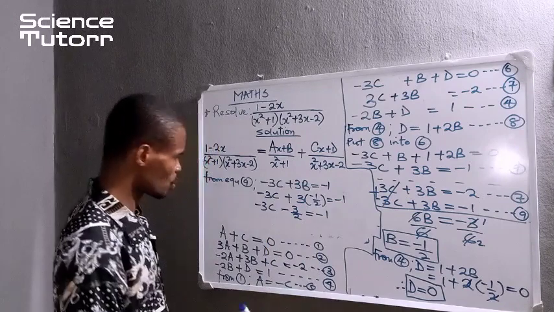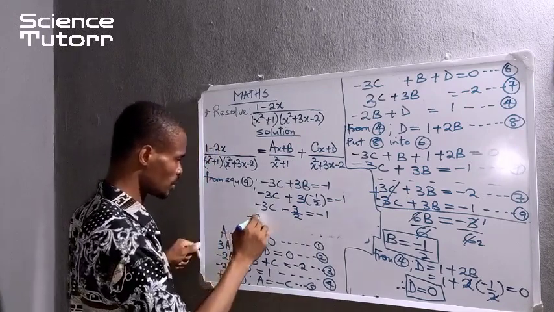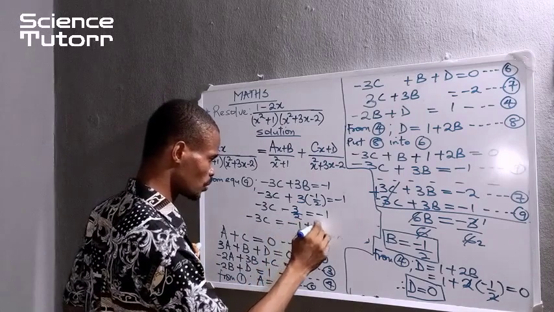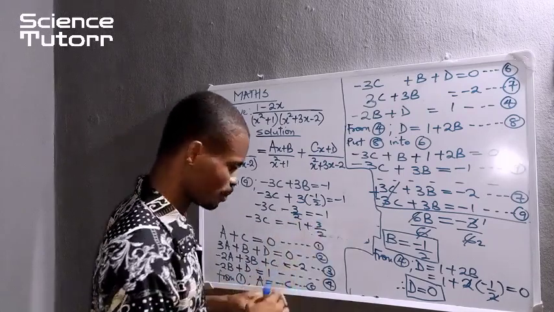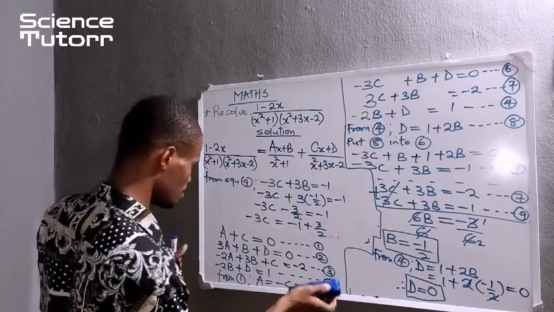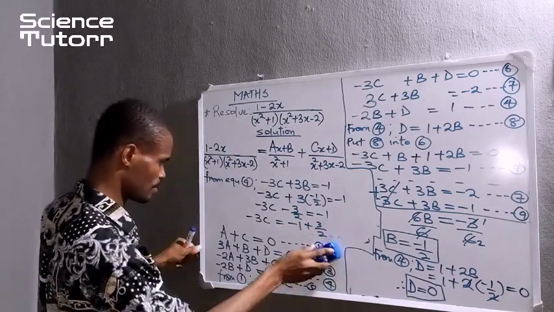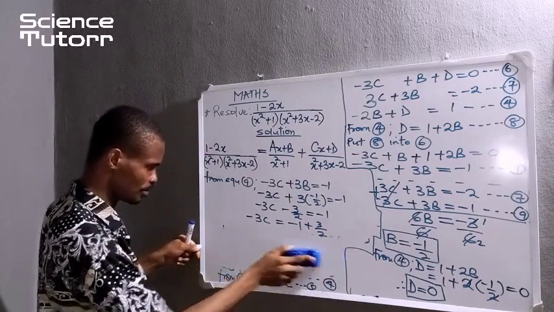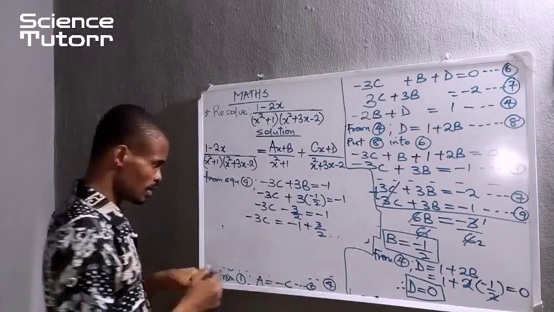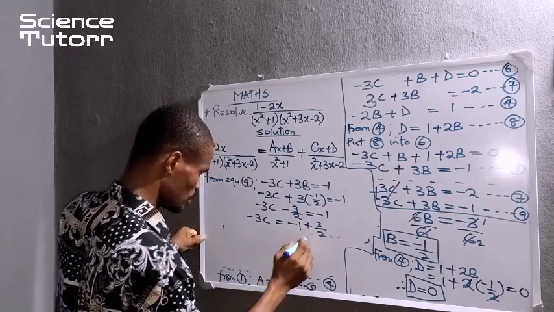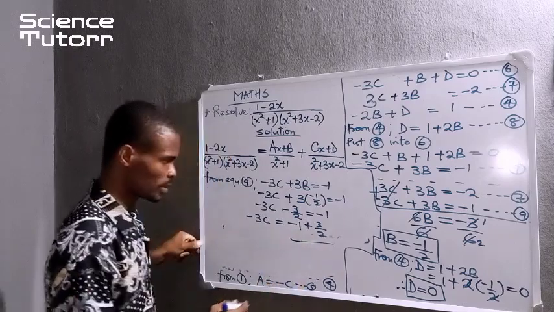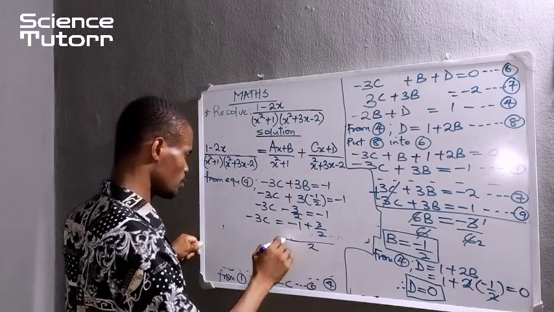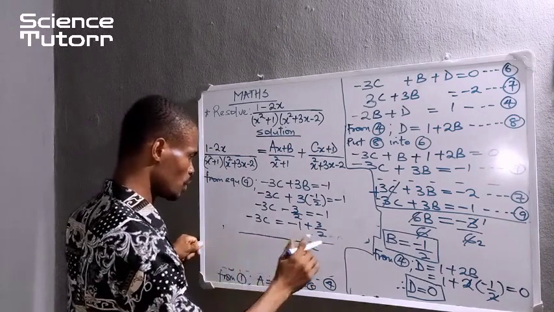So let's cross over. We have minus 3C to be equal to minus 1 plus 3 over 2. We take the LCM. The LCM is 2.